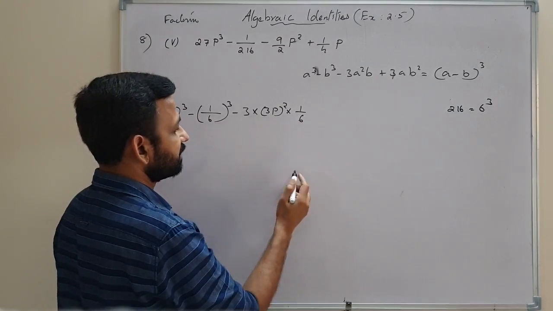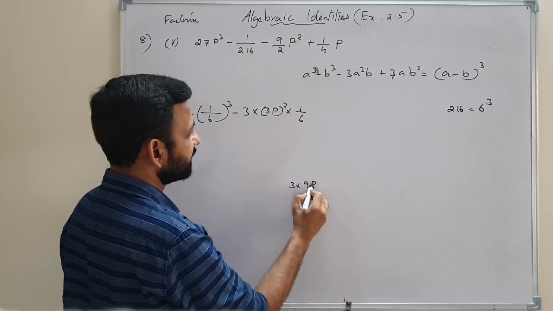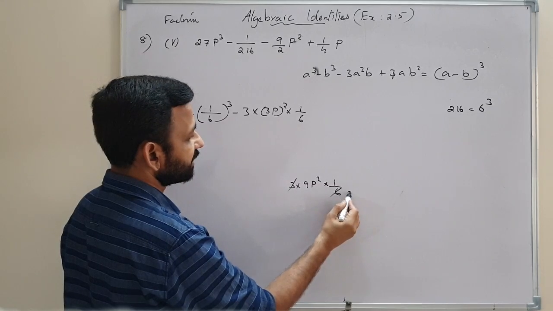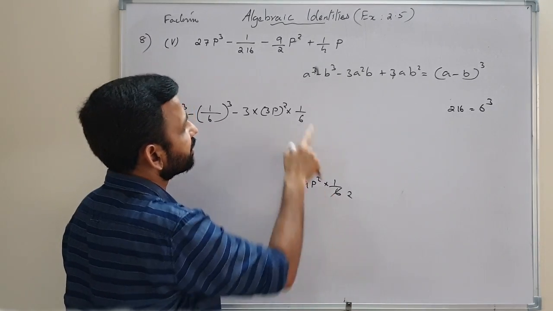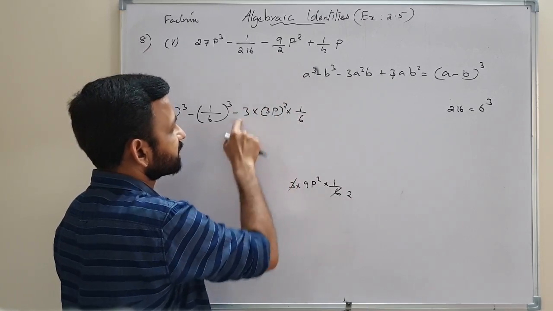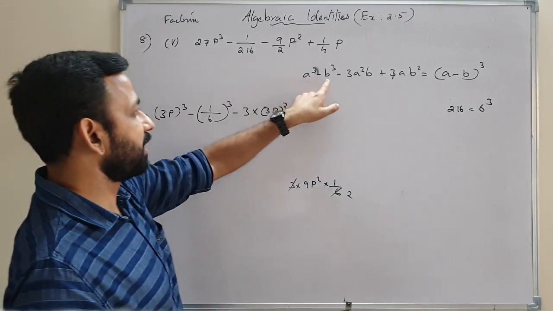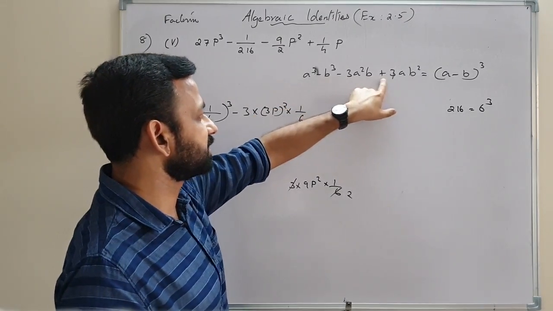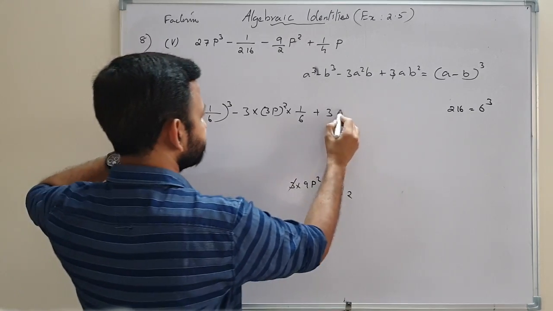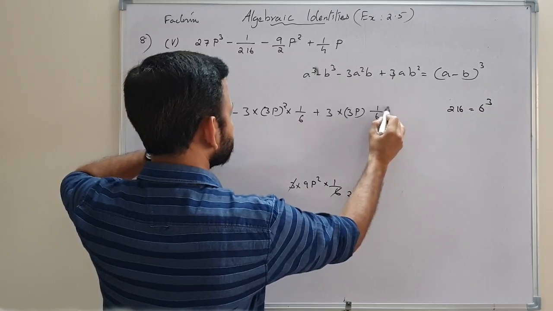3 square is 9, so 9p square into 1 by 6. 3 and 3 cancelled, here 2. So 9 by 2 p square. This expression and that one are exactly the same. Then plus 3ab square: a is 3p, b square is 1 by 6 square.